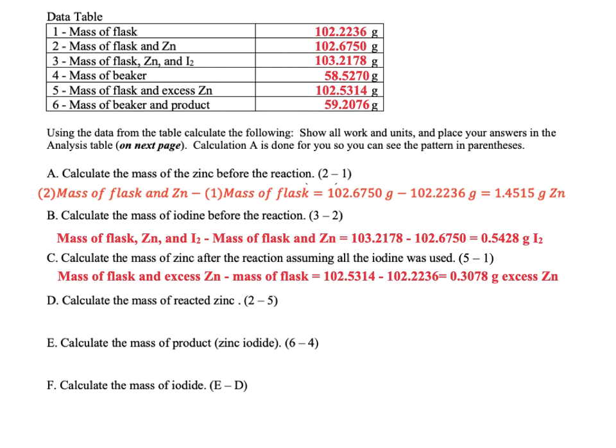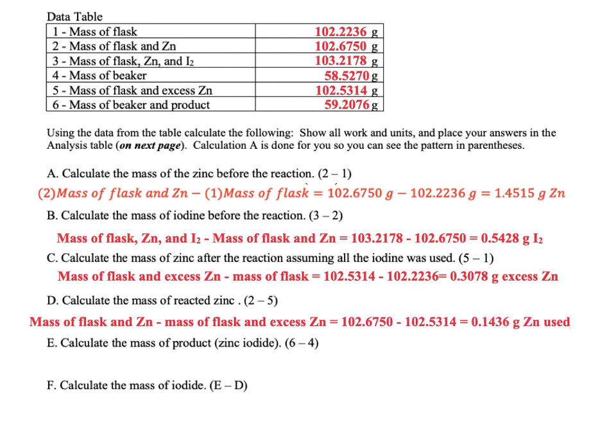Now, to calculate the mass of the reacted zinc, we take the mass of the flask and zinc, subtract out the mass of the flask and the excess zinc, and that gives you 0.1436 grams of zinc used. Now I need the mass of the product, so I take the mass of the beaker and the product, subtract out the beaker, and it comes out to 0.6806 grams of product.